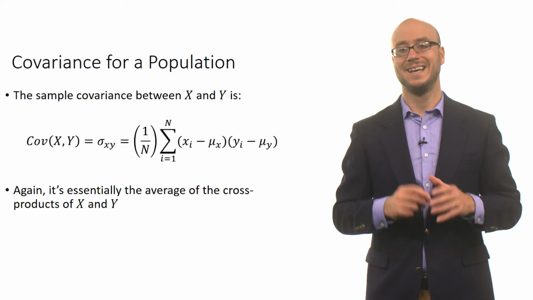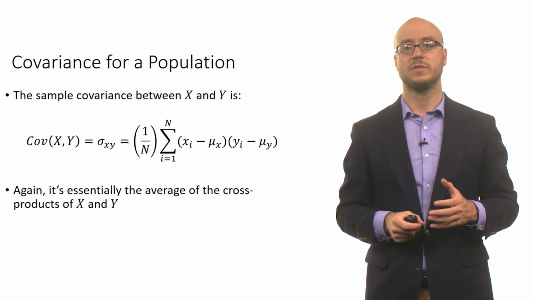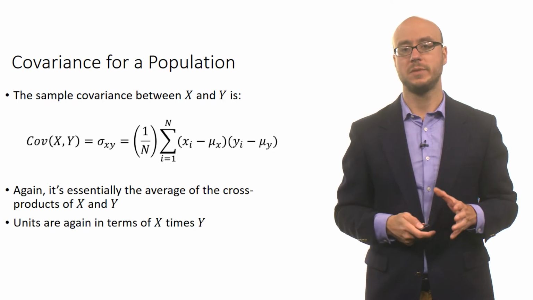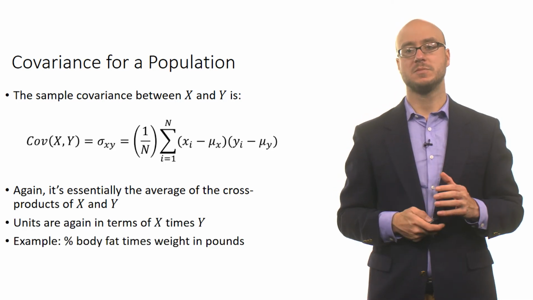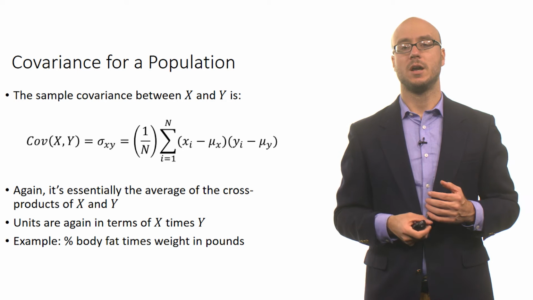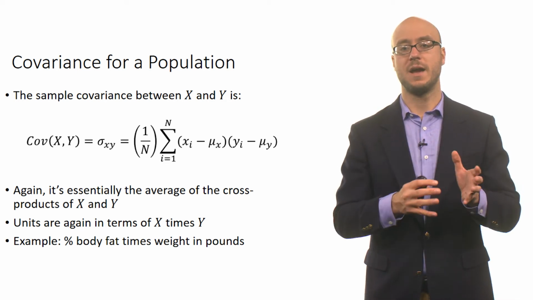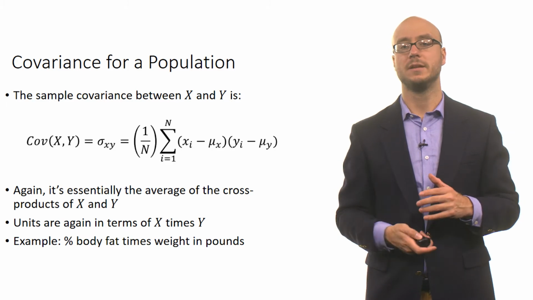But substantively, it's again the average of the cross products of x and y, which we'll talk about in just a moment. The units again are in terms of x and y, so even for a population, it's body fat percentage times weight in pounds.